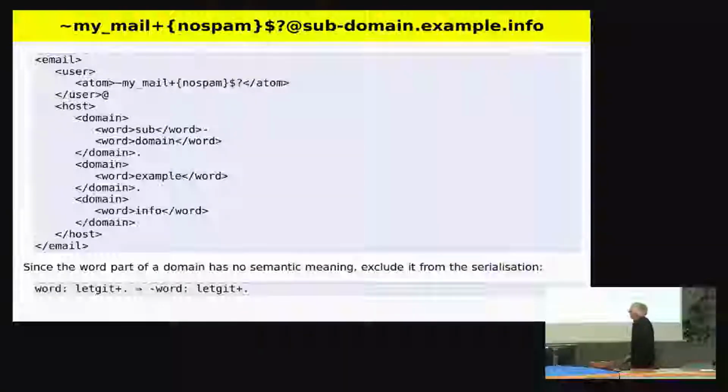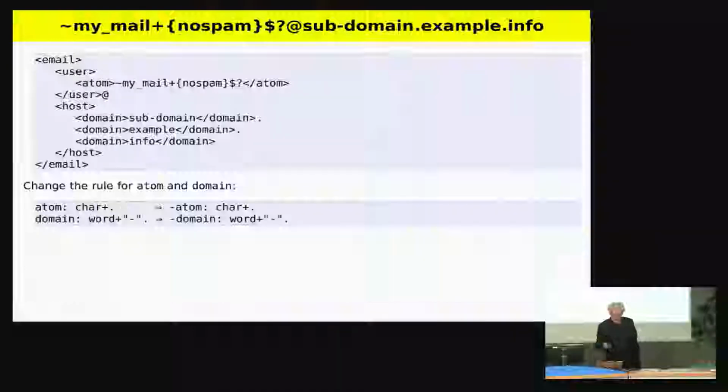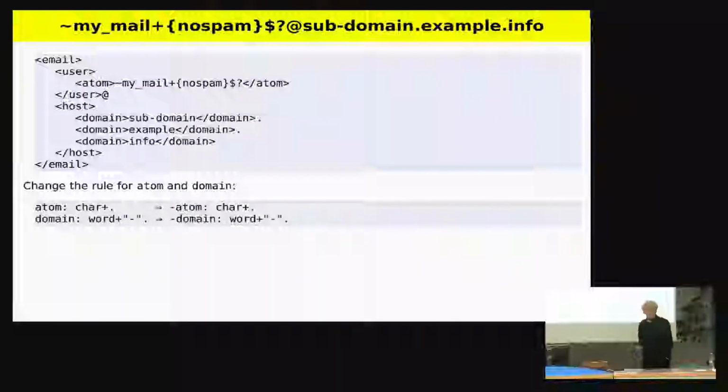So here's then the parse tree that we've got out in XML. Now, the word part of a domain is not semantically interesting. So if we change the rule for word so that we put a minus in front of it, so we say we don't want to see that as an element, then we get something like this. So it's already looking much better.